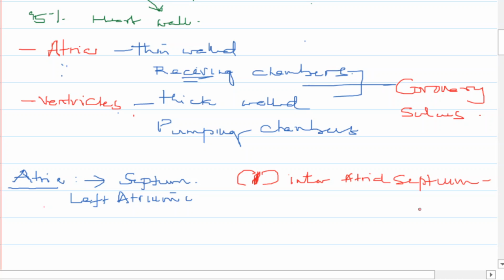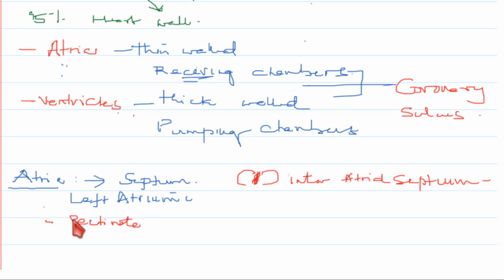Interatrial septum. Okay, and internally the wall has pectinate ridges. We'll see the picture in a little bit. The internal walls of the atria have pectinate muscles or ridges.